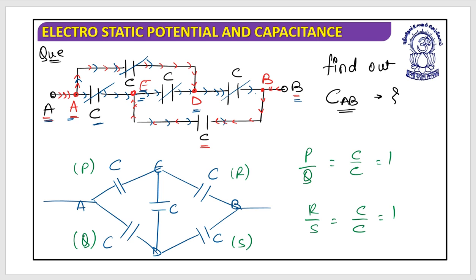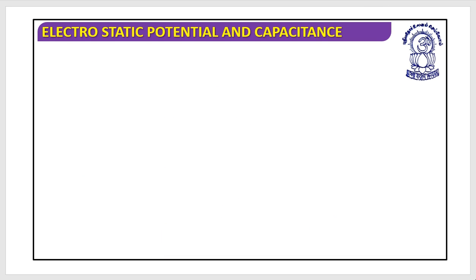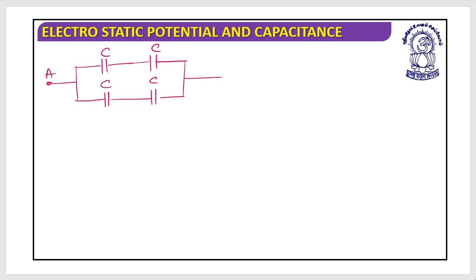And if the ratios are the same, you simply remove this fifth capacitor. So the network will be something like this. This is C, this is C, this is C, this is C, and that's it. This is A, this is B, these two are in series, these two are in series.